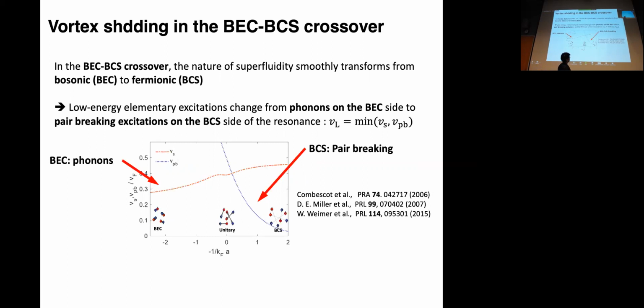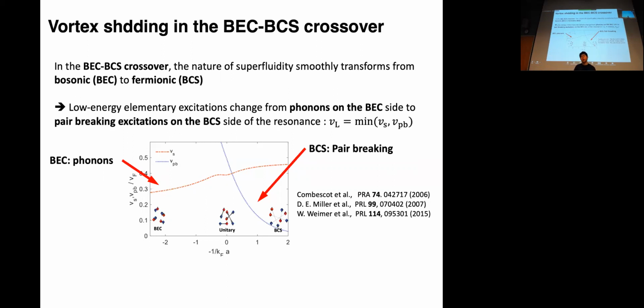The Landau critical velocity is actually given by the minimum of the speed of sound and the pair-breaking velocity. So in addition to the ability to tune the speed of sound in our superfluid by changing the interaction strength, there's a second velocity scale that appears on the BCS side of the resonance.